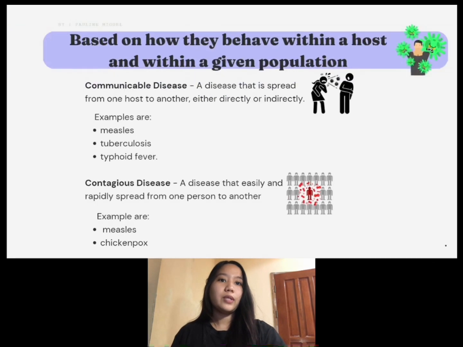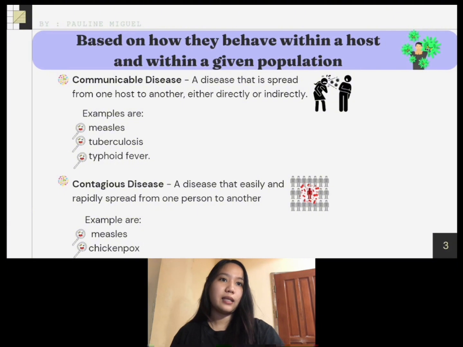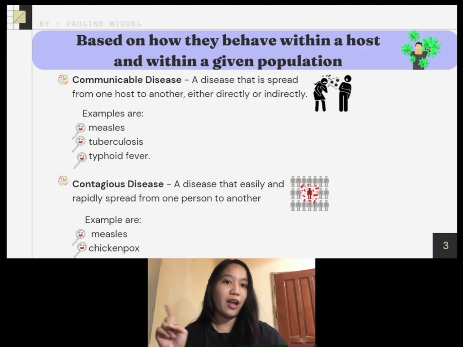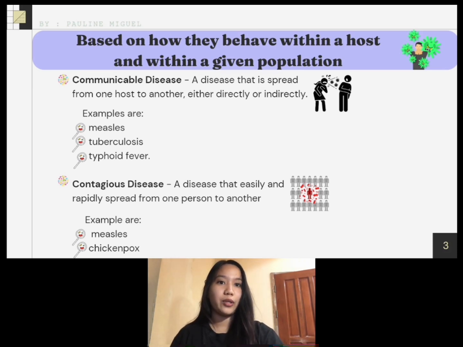So, when we say communicable disease, it is a disease that is spread from one host to another, either directly or indirectly. Ito yung mga disease na kung saan nag-i-spread siya through one host to another person. Examples of these are measles, tuberculosis, typhoid fever, and another simple example is yung ubo at sipon natin.